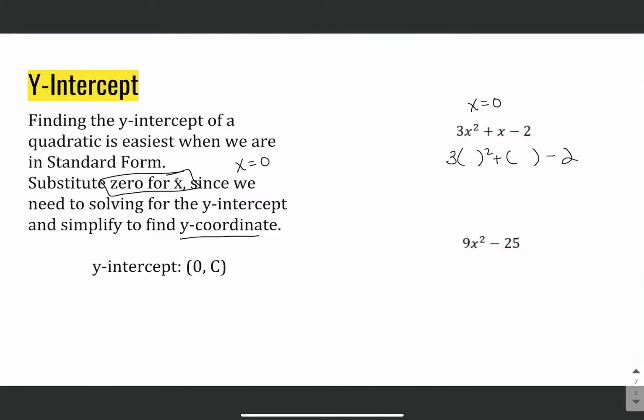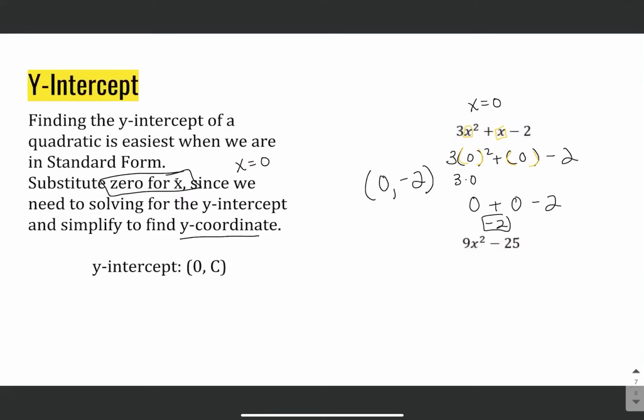Because again, I'm looking at my x's right here in these parentheses. Okay, so if we say 0 and 0 here, well, 0 squared is 0, and 3 times 0 is still just 0. Plus 0 minus 2. Well, 0 plus 0 minus 2 is just going to be negative 2. So we would say that when x is equal to 0, my result is negative 2.